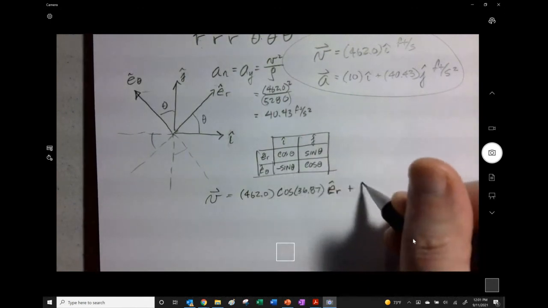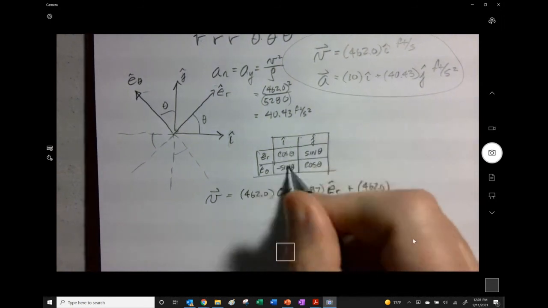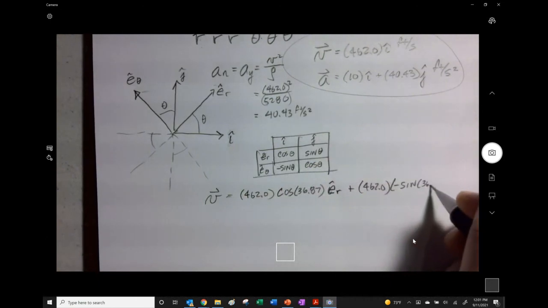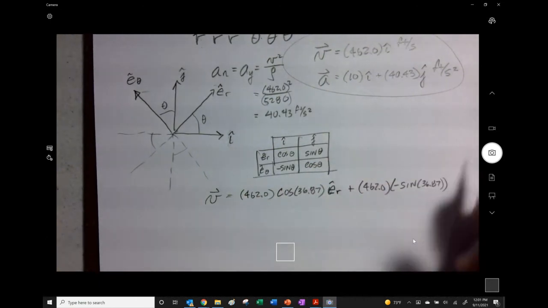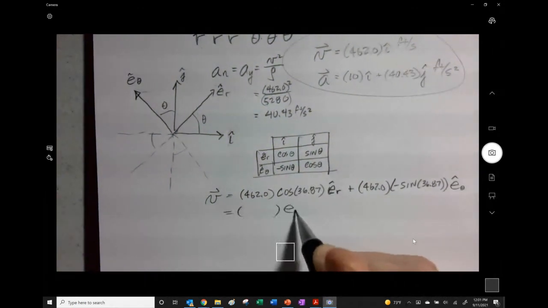And then plus 462.0 times negative sine E theta.